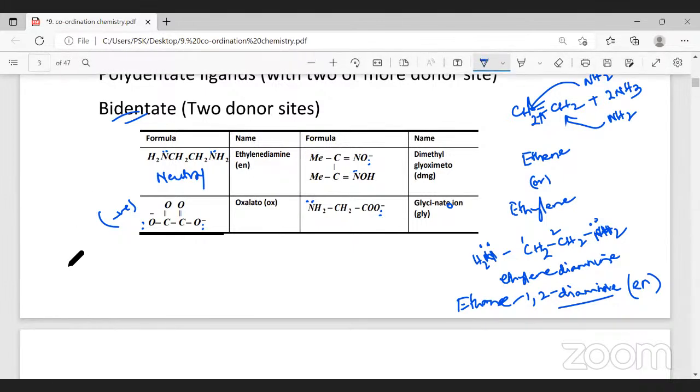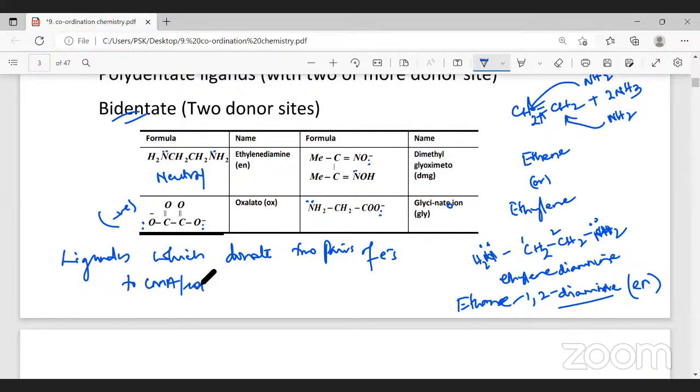Now, what is the definition of a bidentate ligand? Ligands which donate two pairs of electrons to the central metal atom or ion are called bidentate ligands.